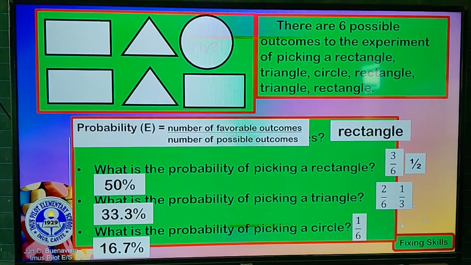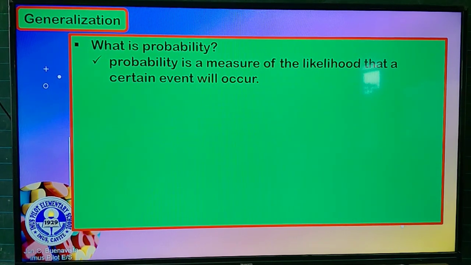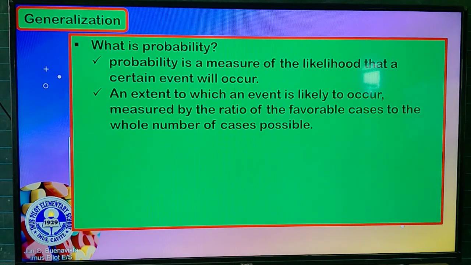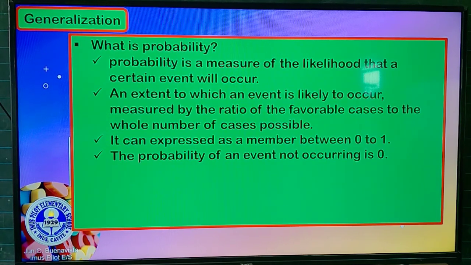Again, what is a probability? Probability is a measure of the likelihood that a certain event will occur. Or, an extent to which an event is likely to occur, measured by the ratio of the favorable cases to the whole number of cases possible. It can be expressed as a number between 0 and 1. The probability of an event not occurring is 0.